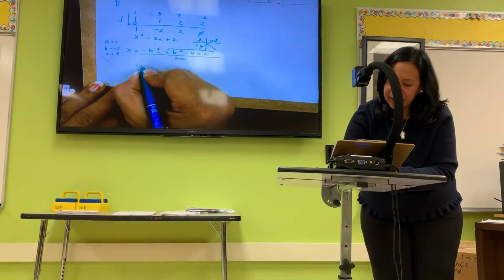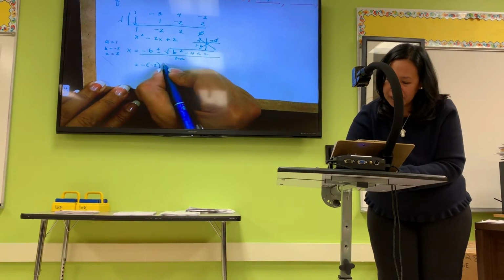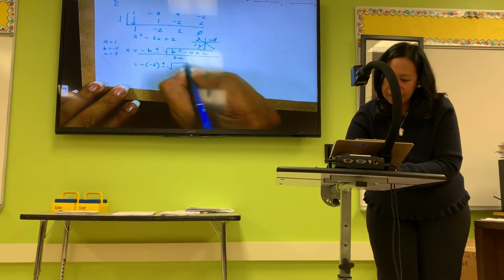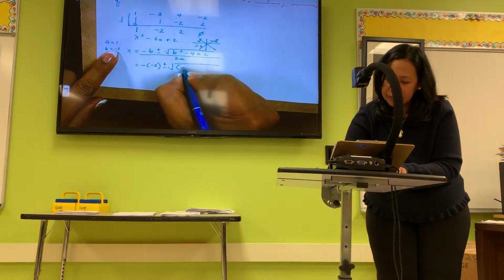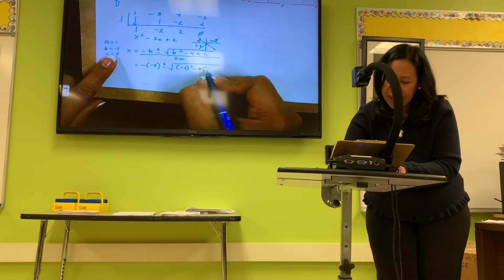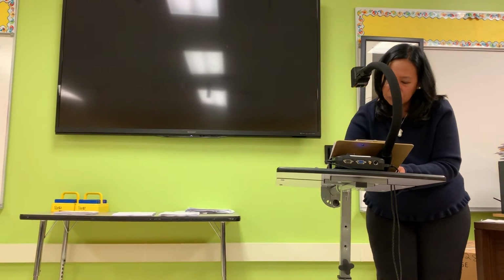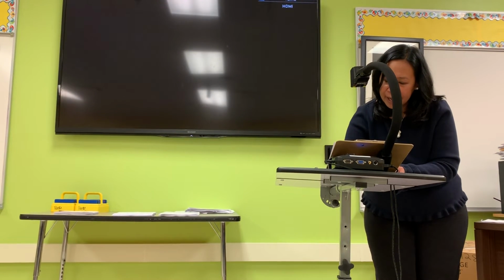So that would be -2, which will turn out to be positive, plus or minus square root of our b, -2 squared, minus 4 times a, which is 1, times the c, which is 2, divided by 2 times 1.